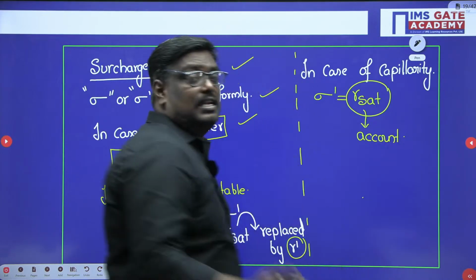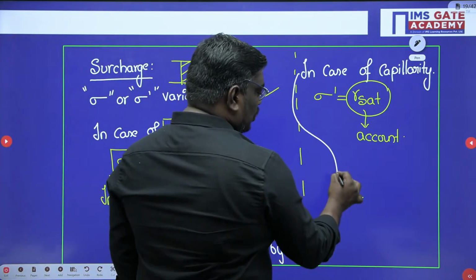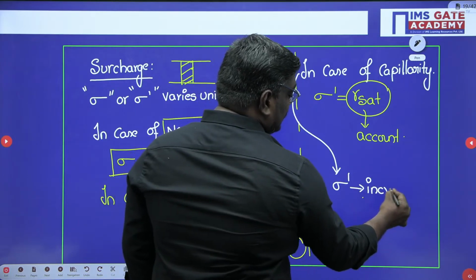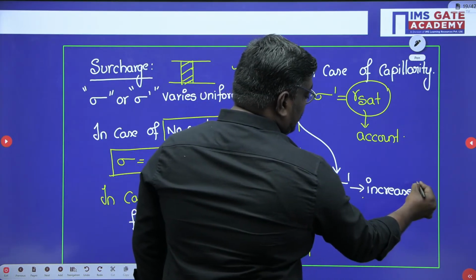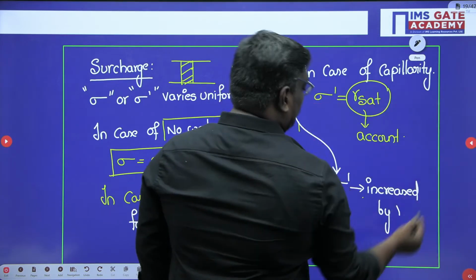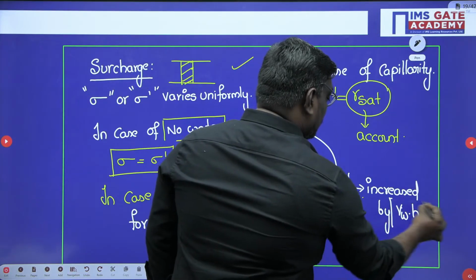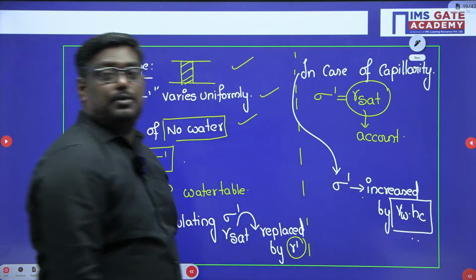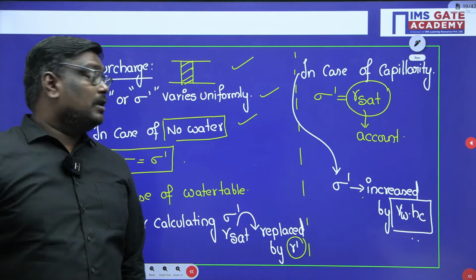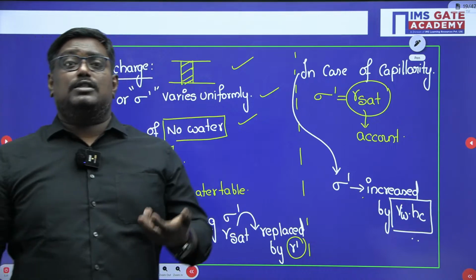Now, my dear students, one important thing: whenever there is a capillarity zone, effective stress is increased by a value gamma W into Hc. I hope you are clear. Are you following, students? So these are all about the actual concept for the effective stress calculation.